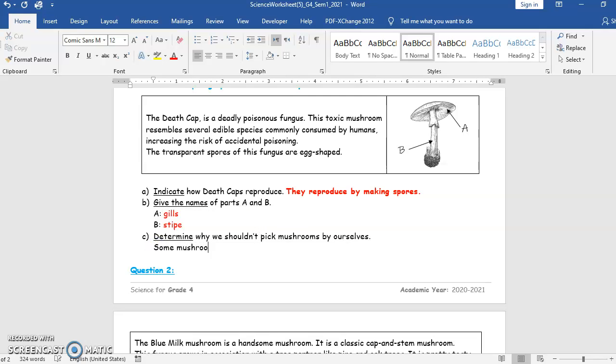Some mushrooms are deadly, poisonous, and they look like some edible mushrooms.